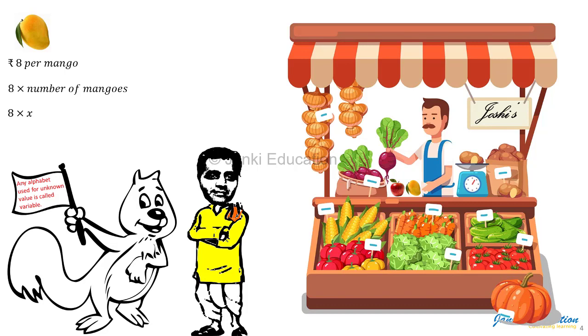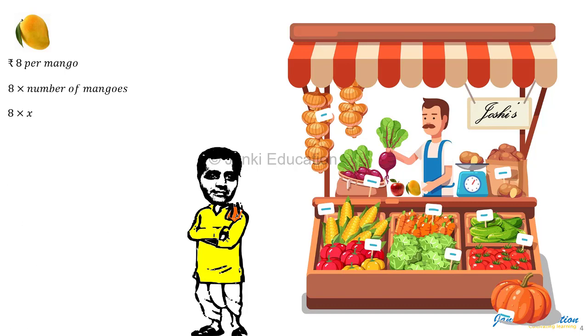You can use any alphabet like A, B, C, P, Q, R. So here 8 times x can also be written as 8x, and 8x denotes the total amount for the mangoes this gentleman purchased.